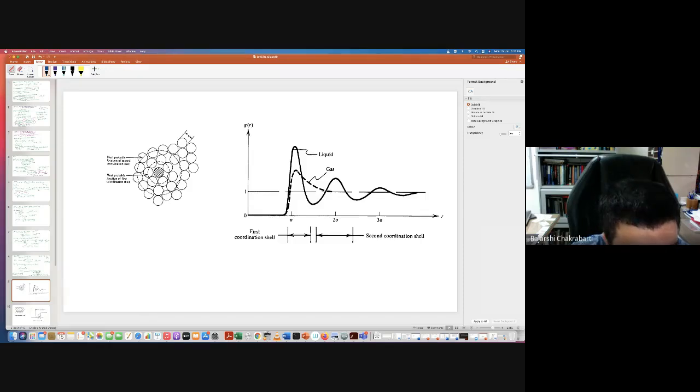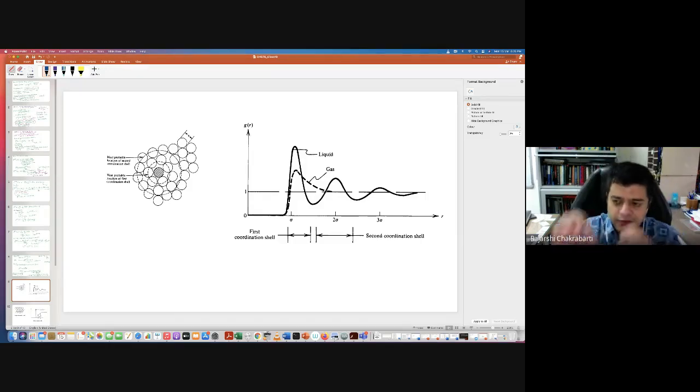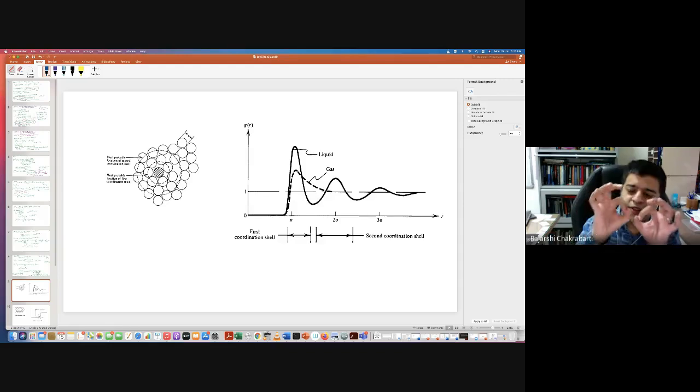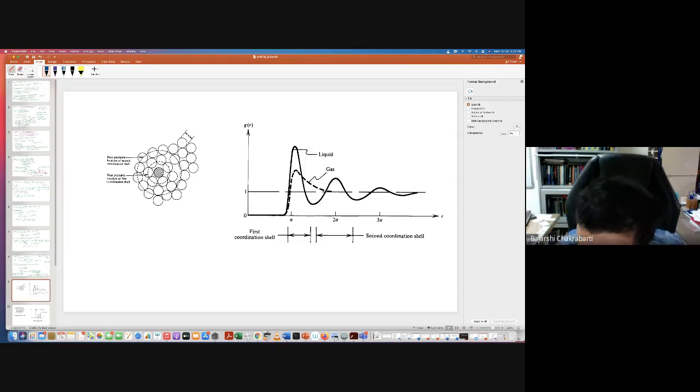Can anyone tell me, the rough distance, if the two particles are almost touching? In terms of sigma? Sigma is the diameter of the particle. Two particles almost touching, it will be around sigma, isn't it? Sigma by 2 plus sigma by 2. Approximately, yeah.